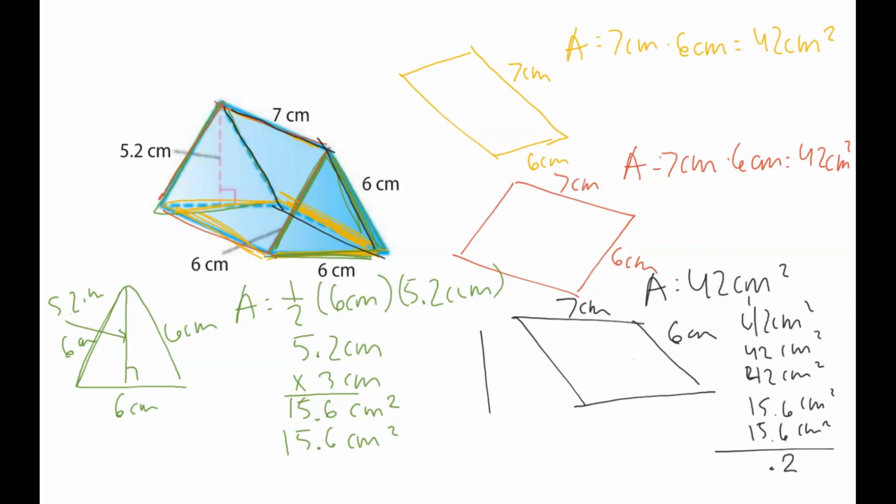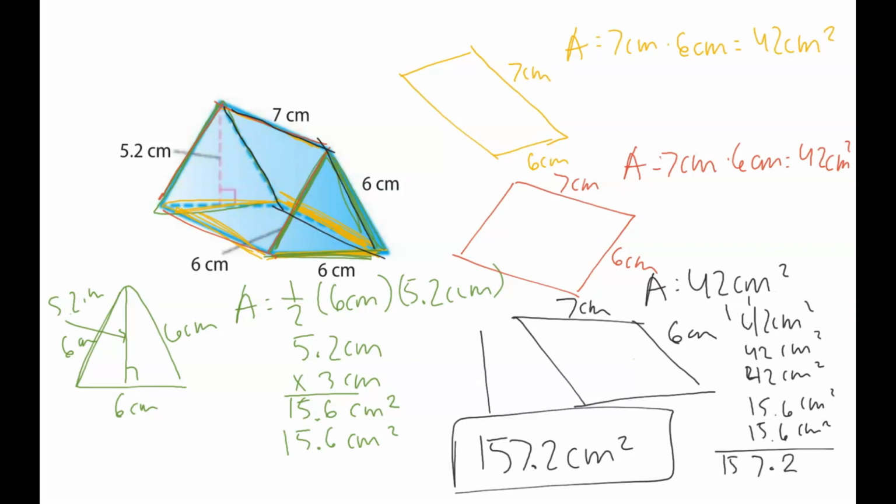The 2, carry the 1. 1 plus 2 plus 2 plus 2, that's going to be 7, plus 5, which is 12. Carry the 1. 1 plus 4 plus 4 plus 4, that's going to be 13, plus the 1 is 14. I have 157.2 centimeters squared. That is the surface area of that triangular prism.